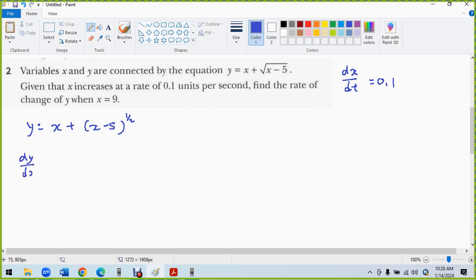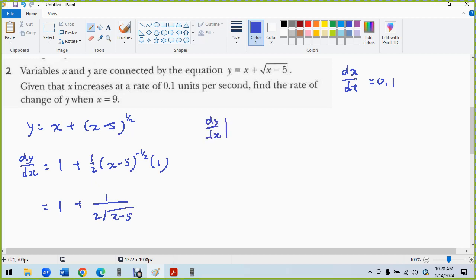So dy/dx is 1 plus half (x minus 5) to the power of negative half, times 1. So it's 1 plus 1 over 2 square root of (x minus 5). When x equals 9, dy/dx is 1 plus 1 over 2 square root of (9 minus 5). So 2, 1, so it's 5 over 4.